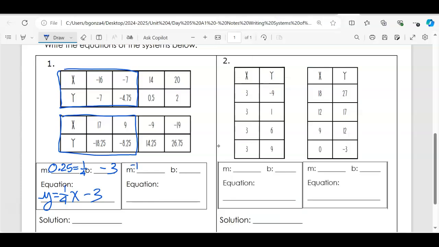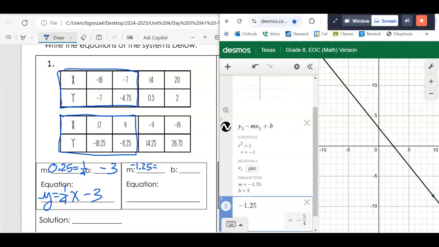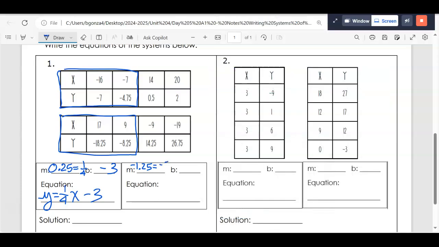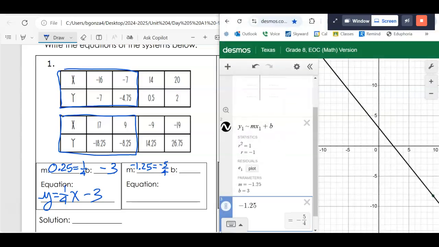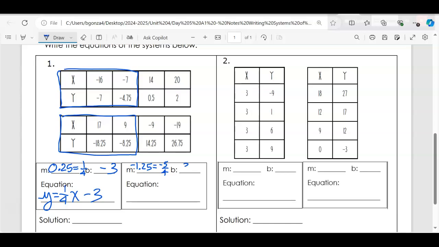So negative 1.25 is negative 5 over 4. My b value is 3. So y equals negative 5 over 4x plus, since it's a positive, plus 3.